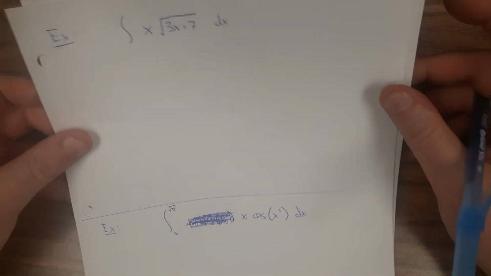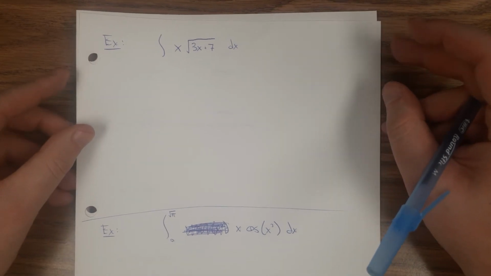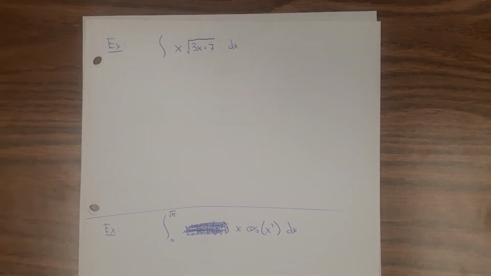Let's do another one. Right. So, okay. We see what we see. This is not on the table. So we are thinking about a u substitution.